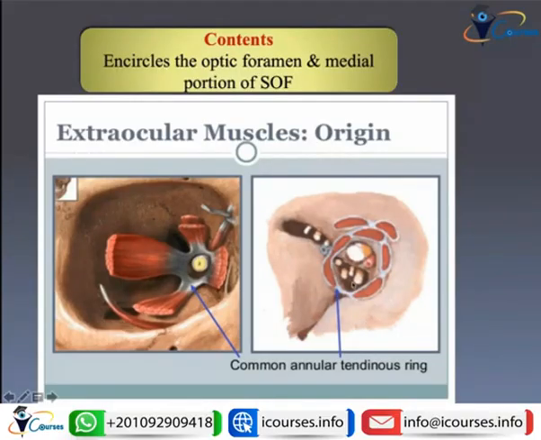So what is the relation between this common tendinous ring and the optic foramen? Well, the optic foramen is lying inside the common tendinous ring.